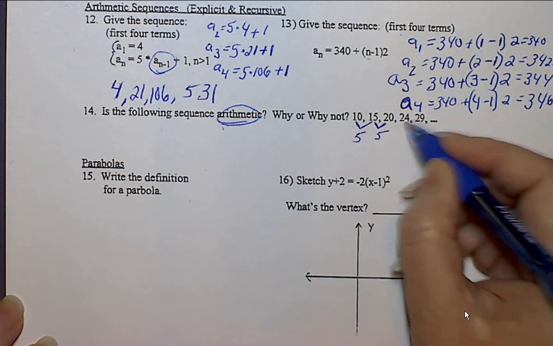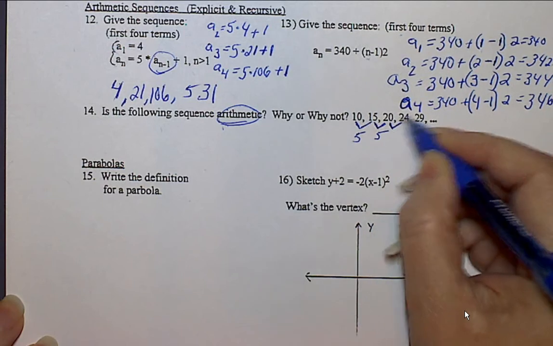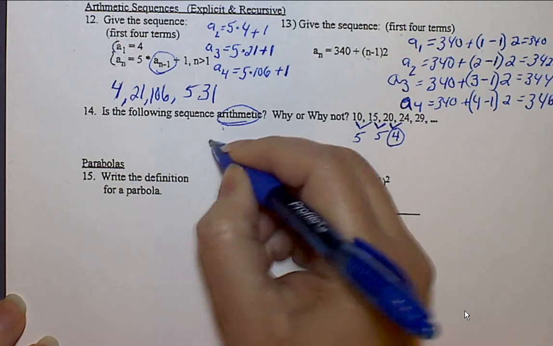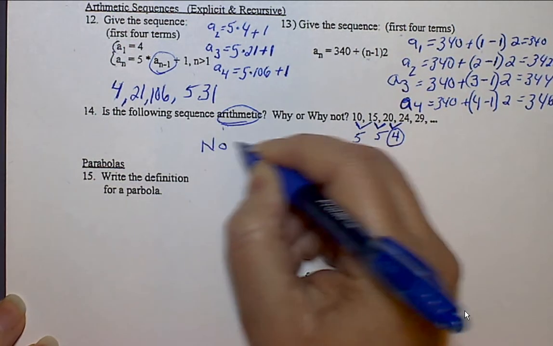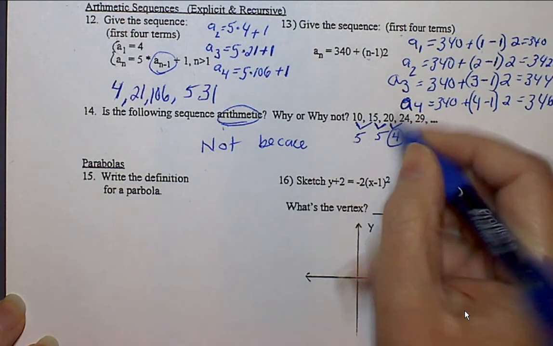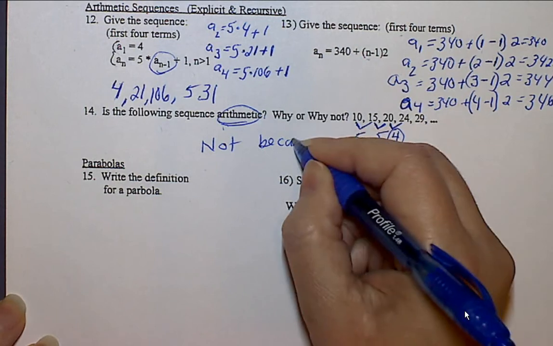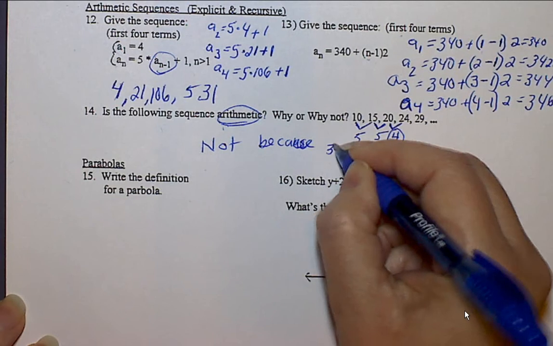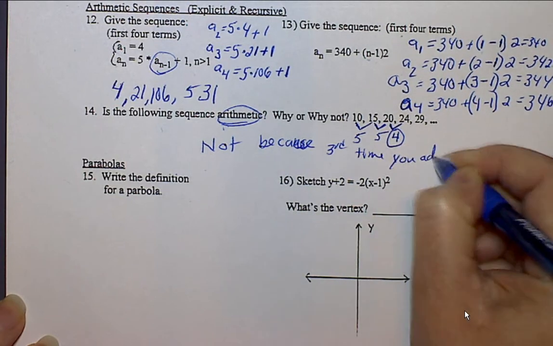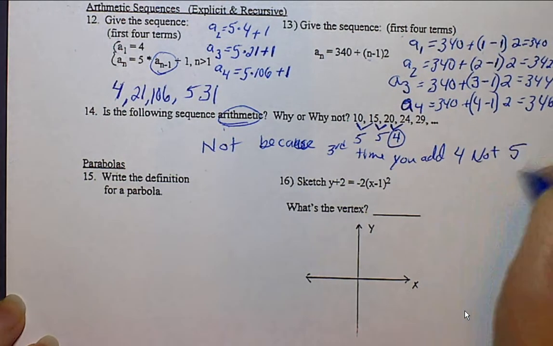Here we have 20 to 24, which is only a 4. So I can stop right there and say, no, it's not, because the third time you add a 4, not a 5, because you have to be able to add the same number each time.